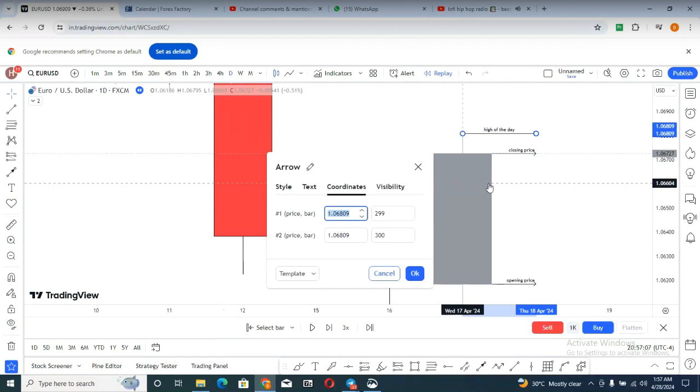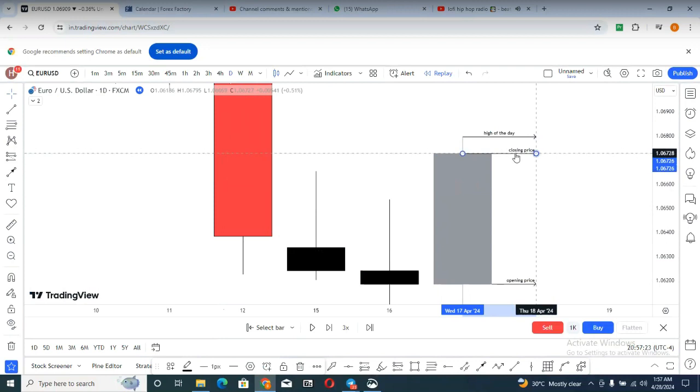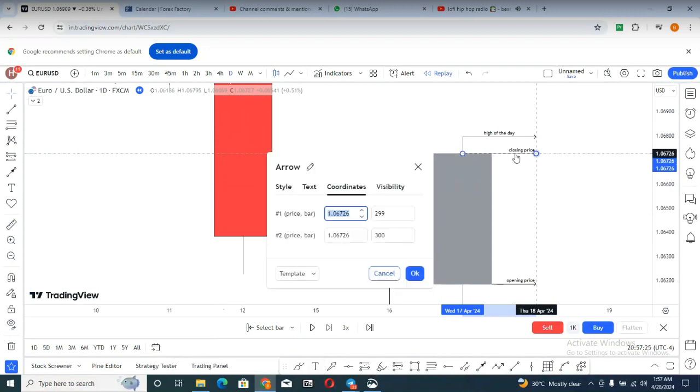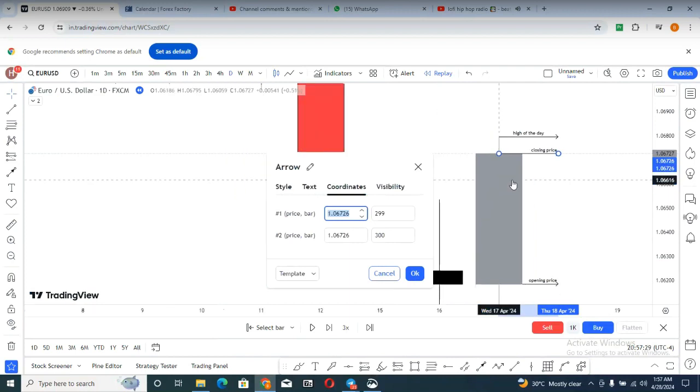The high value is 795. So we create the high and the closing price. What's the closing price? 27. I think everything is intact here.